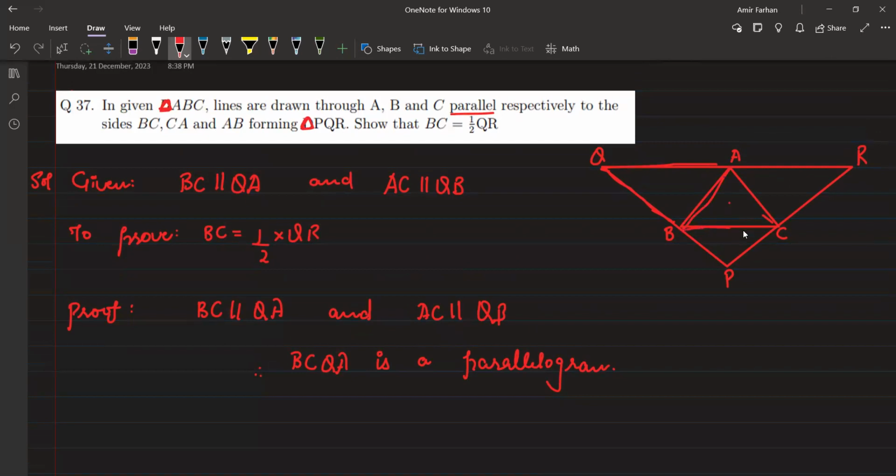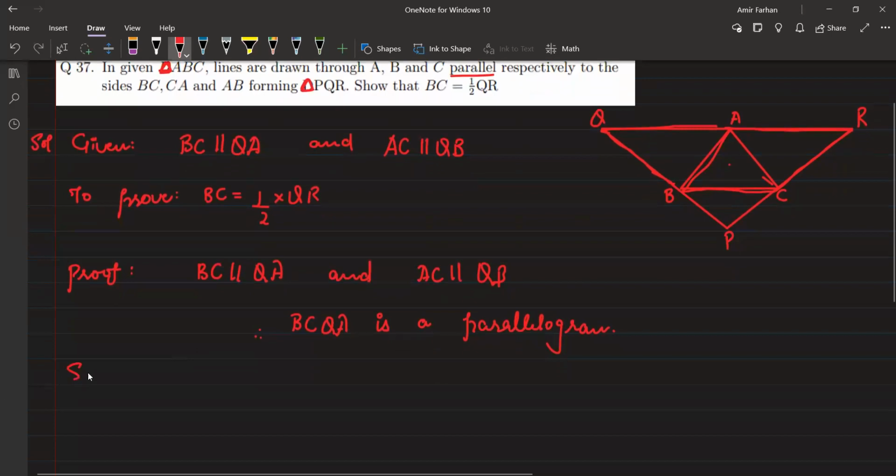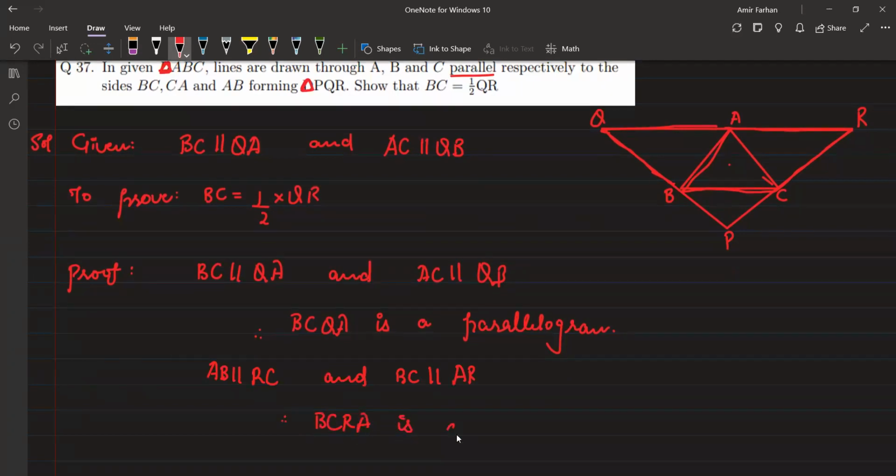Similarly, the same concept will be there, let me write it here: AB is parallel to RC and BC is parallel to AR. It means that BCRA is a parallelogram. Clear? Yes, sir.